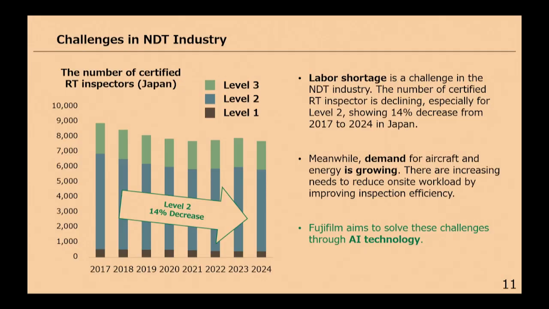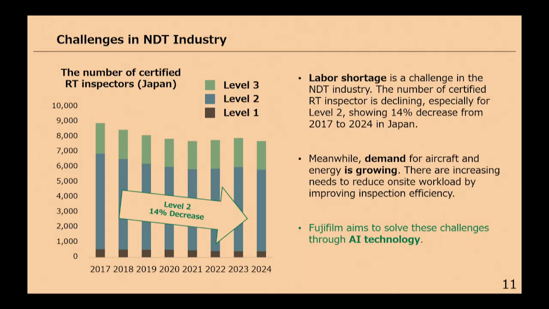So we wanted to use that technology for non-destructive testing. I know in the United States and in Japan, we have a shortage of level 2 inspectors. In the United States, a lot of the, we call them baby boomers, which is my father's generation, a lot of the workforce is retiring, and there's not a lot of younger people getting into the NDT industry.